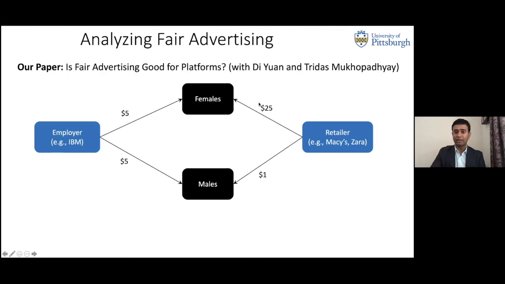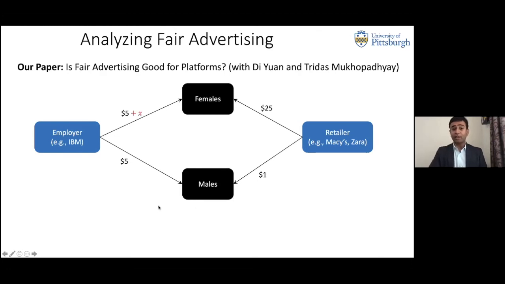The retailer is bidding about 5 times the bid of the employer on females, and the employer is bidding 5 times the amount of the retailer's bid on males. So there is a huge gap, and basically no competition happening for females, and no competition happening for males either.